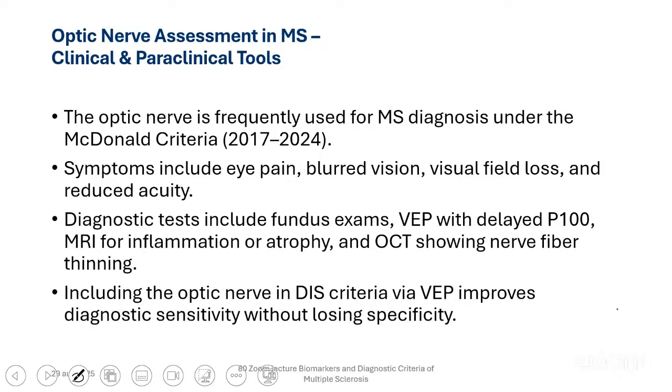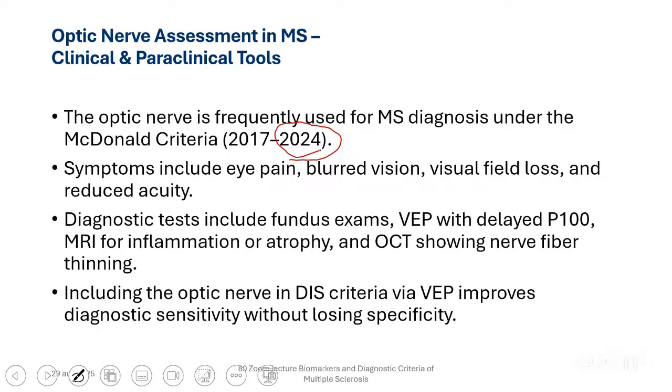So the optic nerve is frequently used for MS diagnosis under the McDonald criteria. Now the latest criteria are in 2024. The symptoms include eye pain, as I said, blurred vision, visual field loss. The diagnostic tests include fundus exams, VEP with delayed P100 latency, MRI for inflammation or atrophy, and OCT showing nerve fiber thinning.